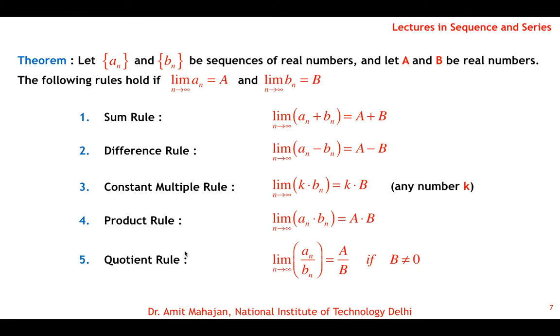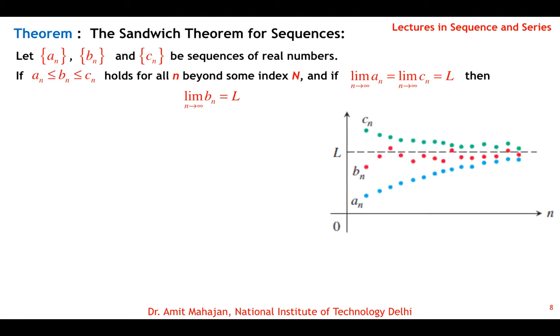Another important result we did earlier is the sandwich theorem. We also have the sandwich theorem for sequences, and it says: let a_n, b_n, and c_n be sequences of real numbers, and if a_n is less than or equal to b_n is less than or equal to c_n, and this holds for all n beyond some index N. So after some point this condition holds for all n.